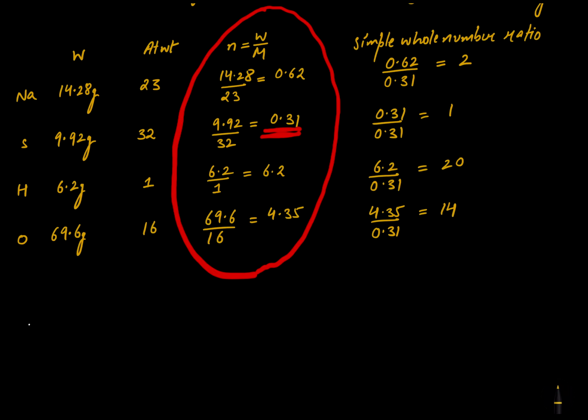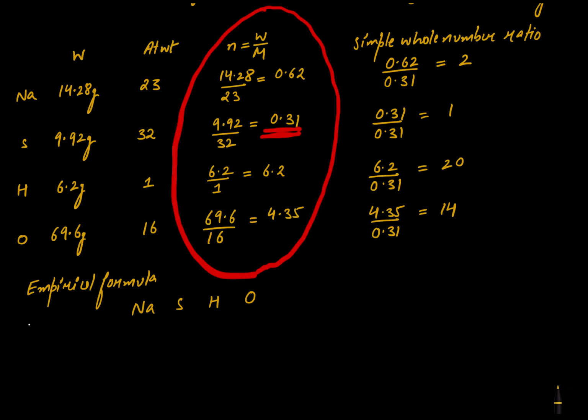So let's write the empirical formula. Firstly, we are having 4 elements, that is sodium, sulfur, hydrogen and oxygen.